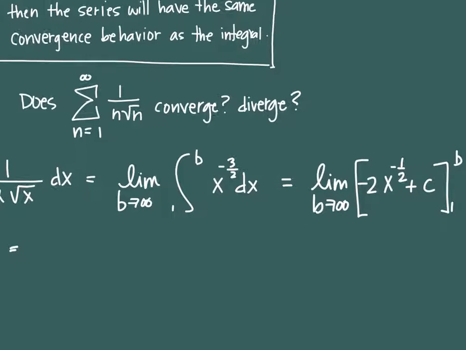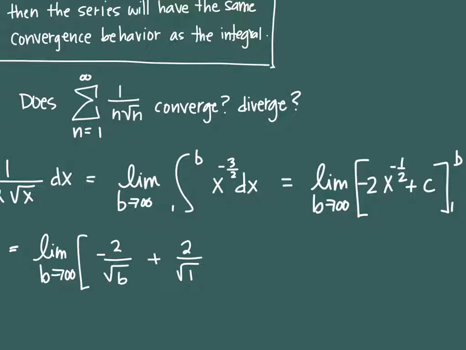So this becomes the limit as b approaches infinity of negative 2 over rad b plus 2 over rad 1. And then when I plug infinity into that, I'll get negative 2 over rad infinity, which is 0, plus 2. So the answer is 2.